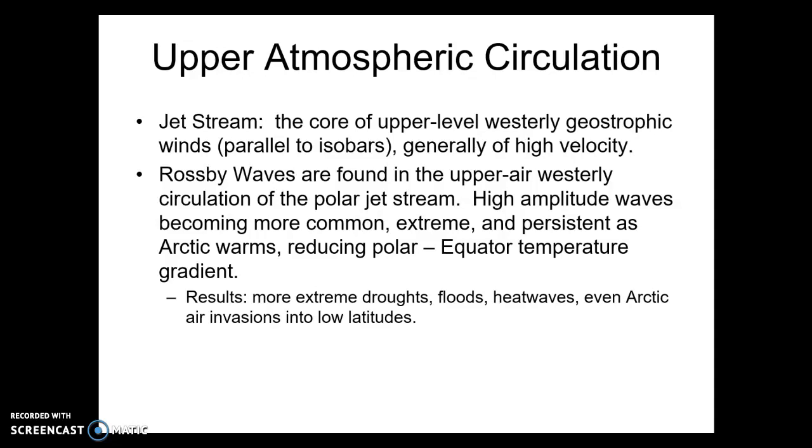And these are very high amplitude waves becoming more common, extreme, and persistent as the Arctic warms. And what that's doing is reducing the polar-equator temperature gradient. And so what it does is just kind of gives crazy weather to us.